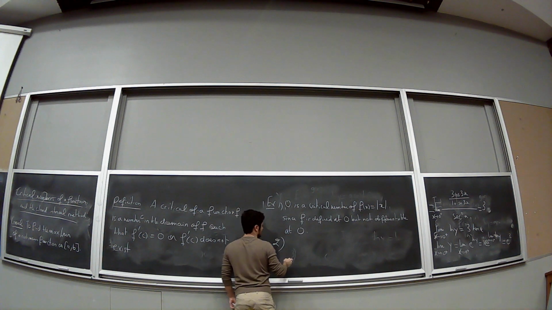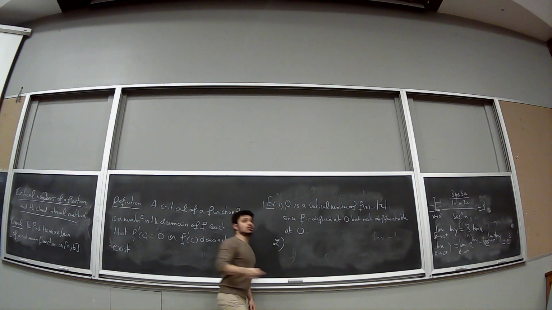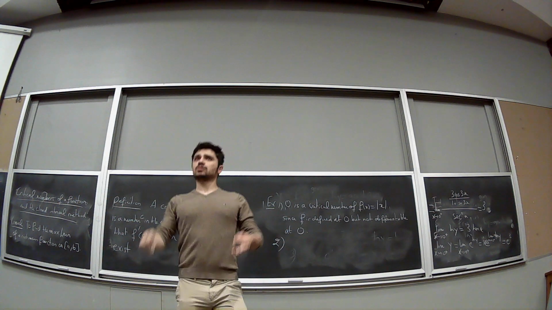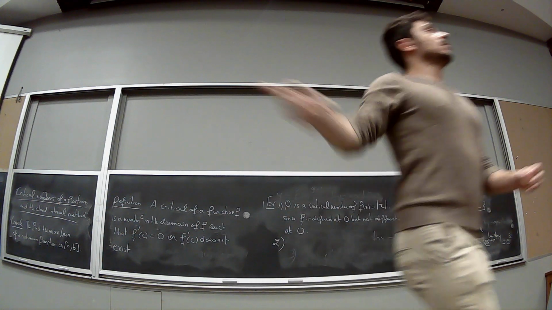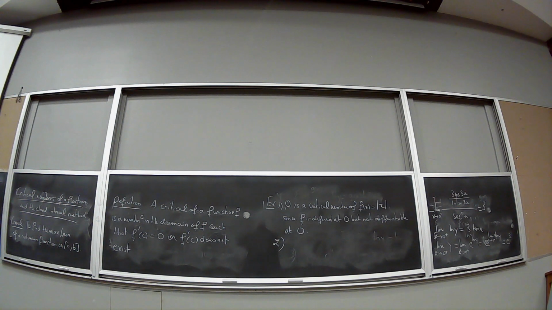Now, is 0 a critical number of f of x equals 1 over x, or doesn't that make sense? What's the first thing to check? That 0 is in the domain. Can you define 1 over 0?